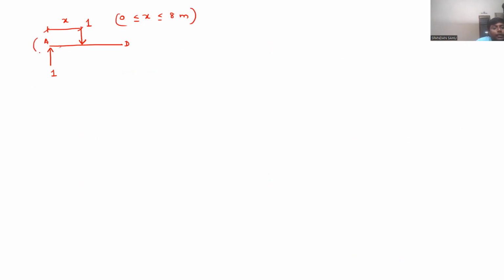And this MA is minus x. Anything left? When we have dissected the beam at point D, shear force will come, and our positive sign convention is downward for this section. So let us call this VD.